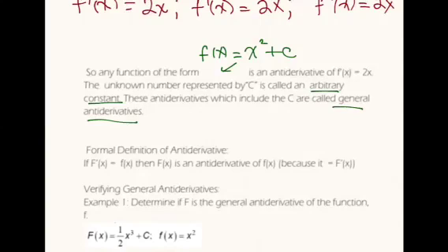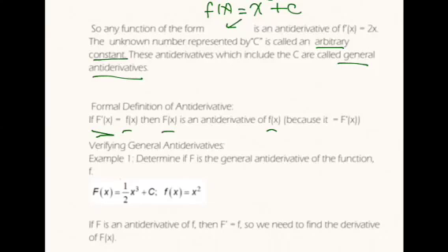So to refer to the antiderivative of that, they use a capital F instead of the apostrophe. So if the derivative of big F is little f, then big F is an antiderivative of little f, because it equals the derivative of big F. That's just the formal definition of it.